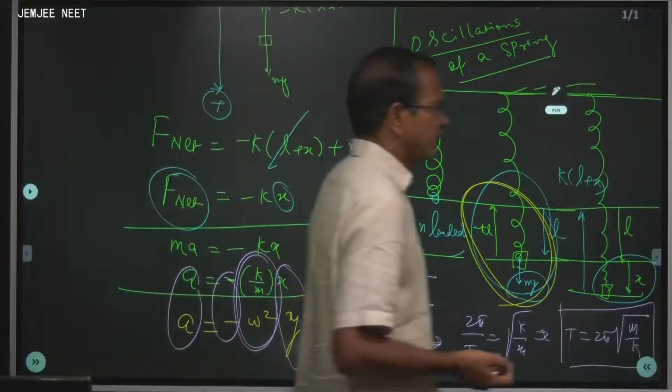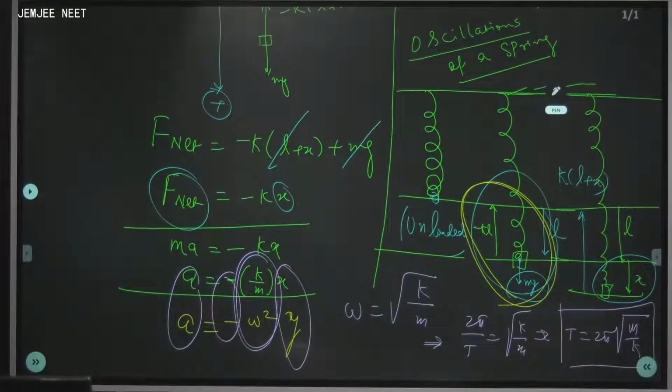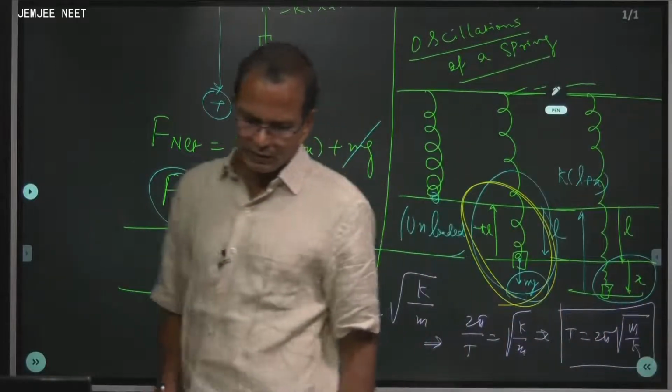T is equal to 2 pi into square root of m by k. Completed, I believe.